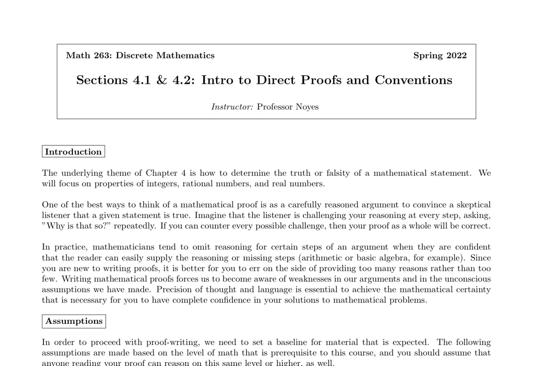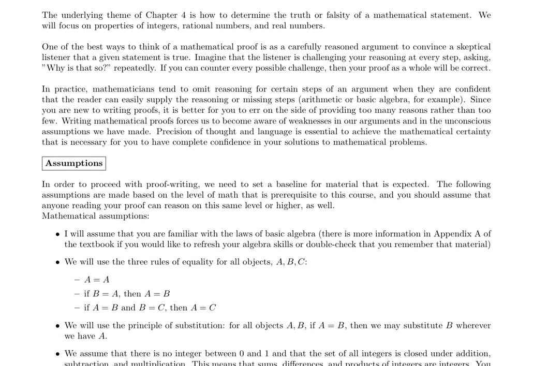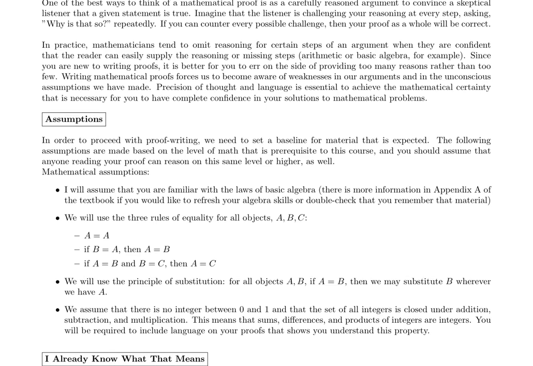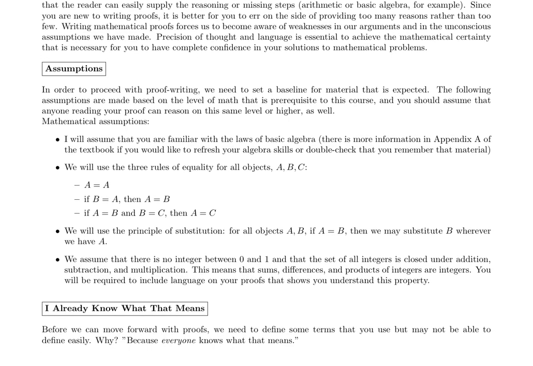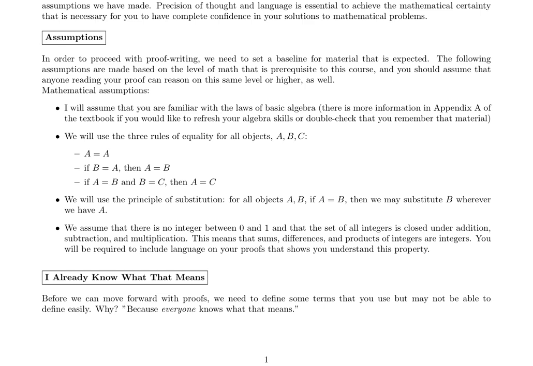But for this class, it's better for you to err on the side of providing too much information than not enough. But we will allow you some wiggle room here, especially in terms of what we can assume that the reader of our proof knows. And I'll leave the rest of those notes for you to read. It's just a general introduction to proofwriting.